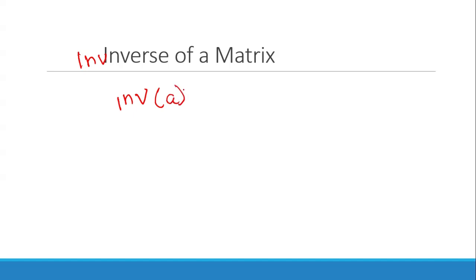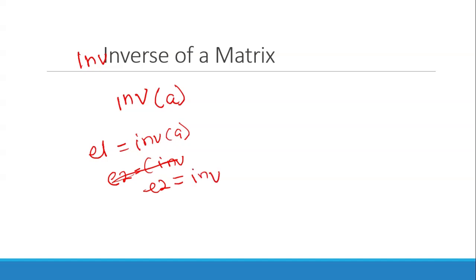So INV(A) should give me the inverse of A. So let's say E1 is equal to INV(A) and E2 is equal to INV(B).